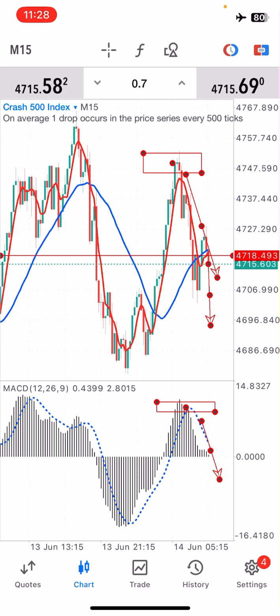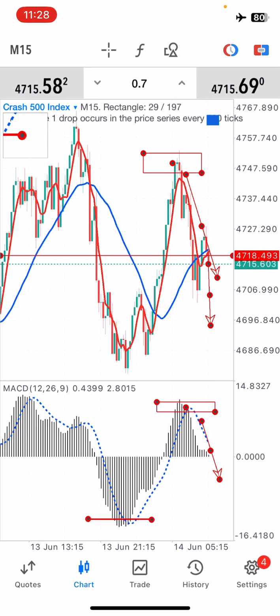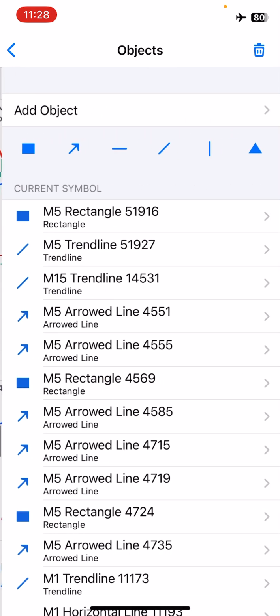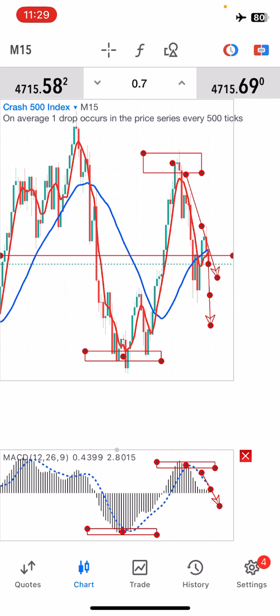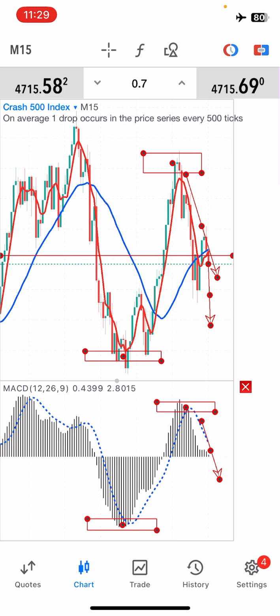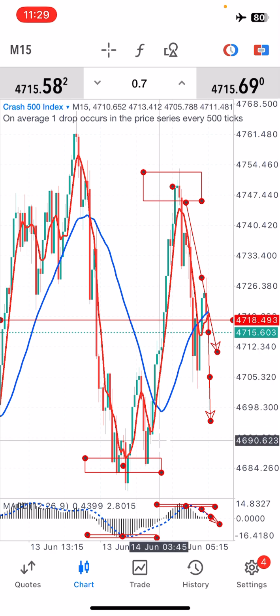Okay, so let's jump into the back testing side. How do we back test? Here we can identify that we had peak formation, and we can translate that peak formation to our chart. So basically we're no longer worried about this MACD. We can simply push it down. Now we're going to be looking at our main chart only, because that's the only necessary part.